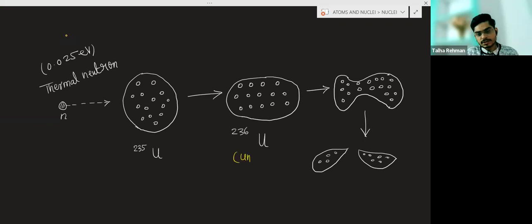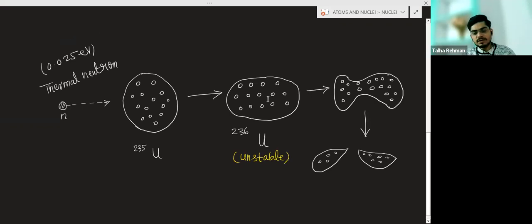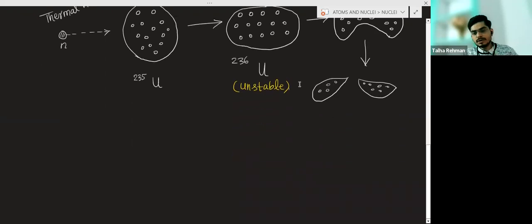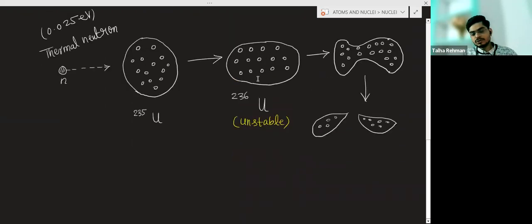Since it is unstable, it will further split into daughter nuclei. After that it will be split.